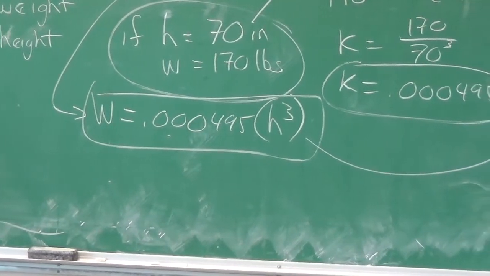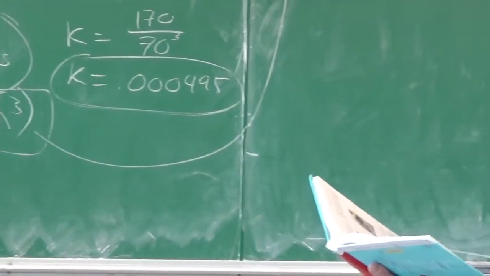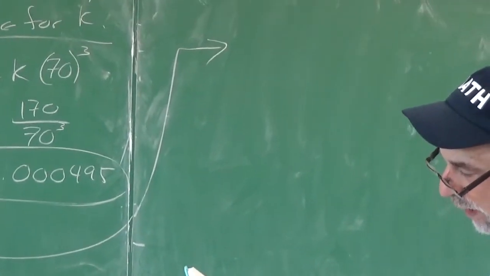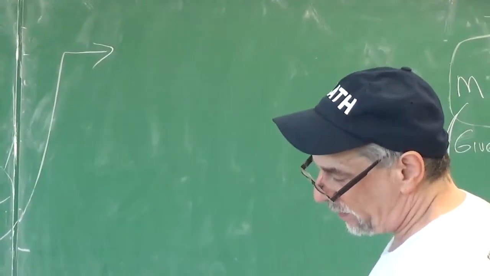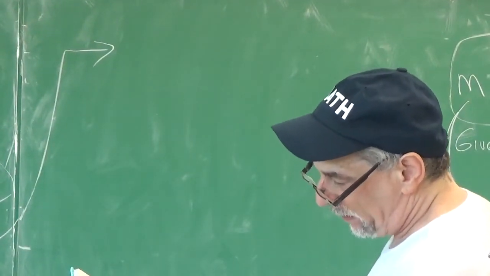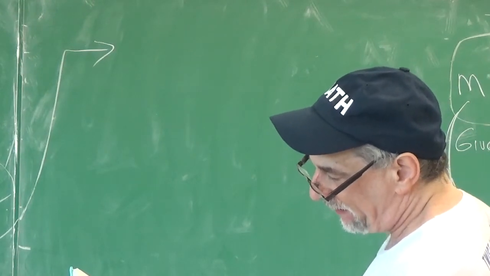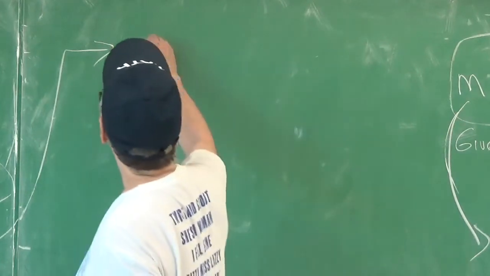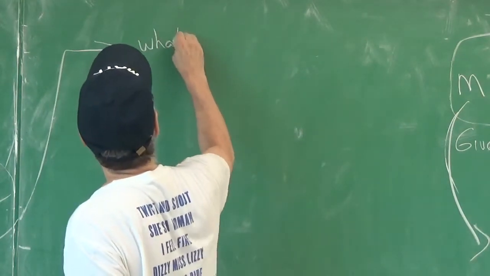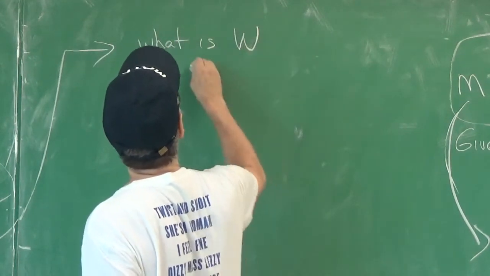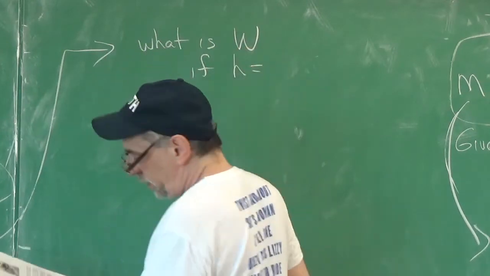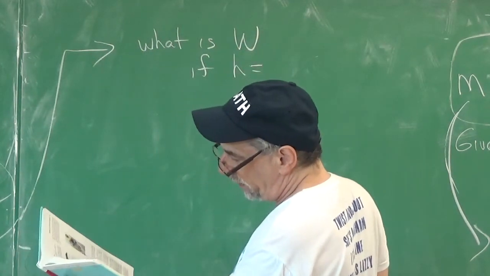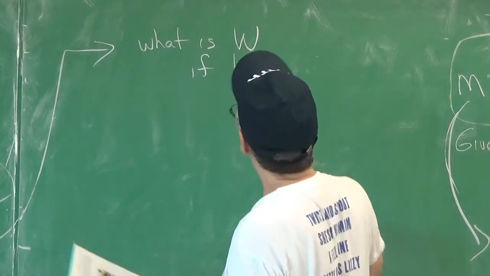And the question now is, what was Robert Wadlow's weight, the tallest guy in the world, what was his weight before his death, if at his death he was 107 inches tall? So basically we're saying, what is W if the height was 107 inches?